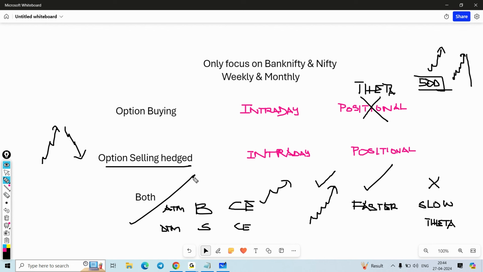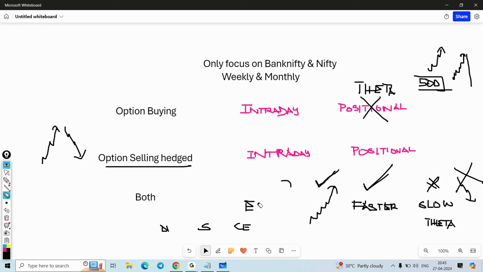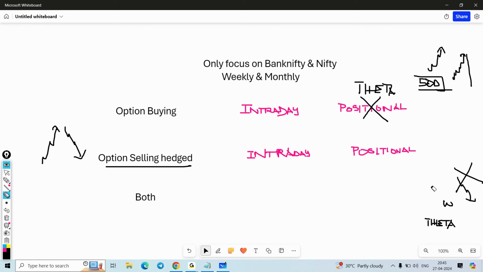But openly going into option buying for direction means the move should be faster. If the direction is slow, or the market reverses, it is a problem. Try to be very clear on what you are doing and how you are doing it, and I'll show you examples also for your better understanding.